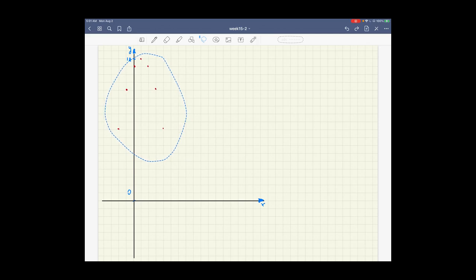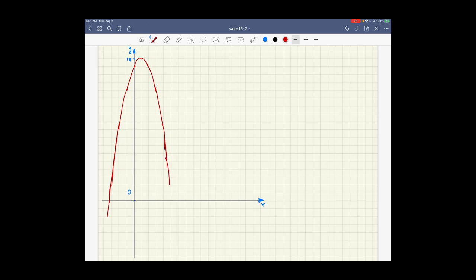The vertex is at 1, 18. So we know this point here is 1 plus root 6.